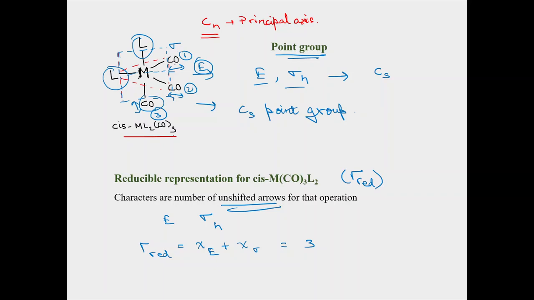That means they are getting shifted. So when we do the operation sigma on this compound, only one arrow remains unshifted and the other two are changing. So the reducible representation we can write as 3E plus 1 sigma.